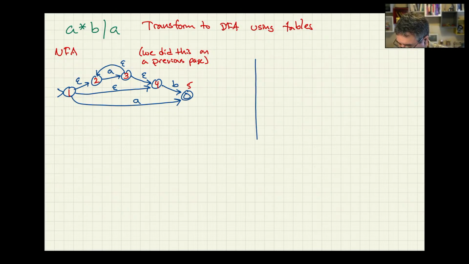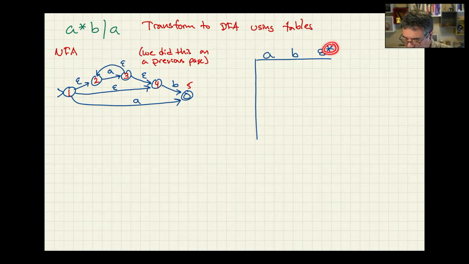So here's our table. I showed you how to build this table last week, but we hadn't yet put the epsilons into it. Now we're going to build a table that uses the epsilons, so the table is going to look a little bit different. It's still going to have the symbols across the top, but it's going to have one additional column labeled epsilon star.